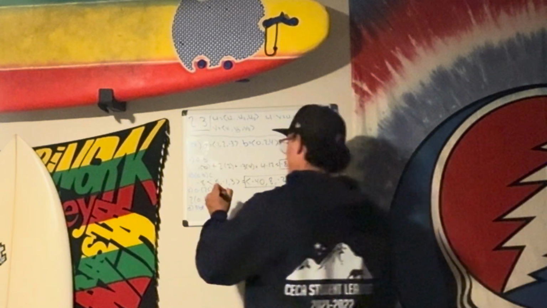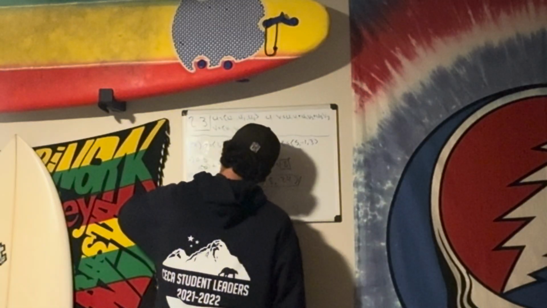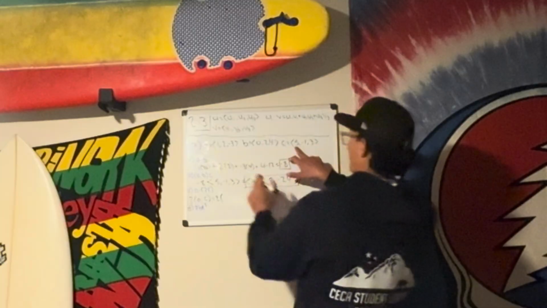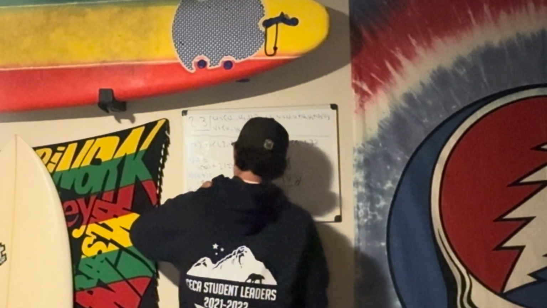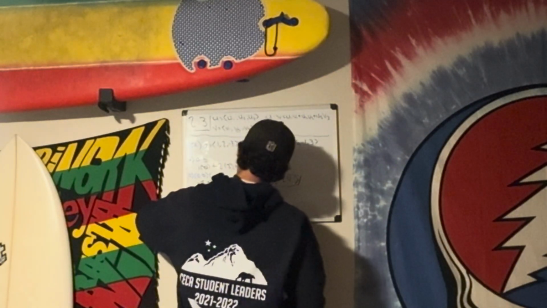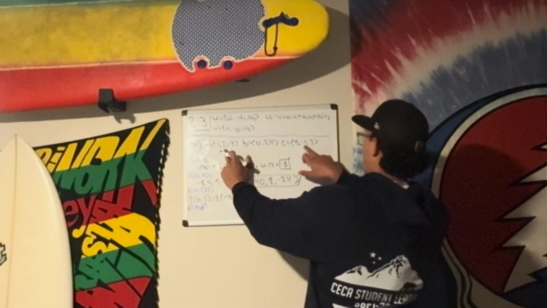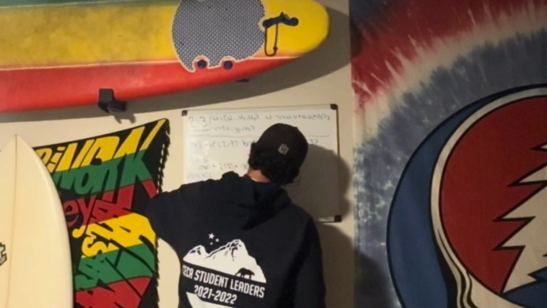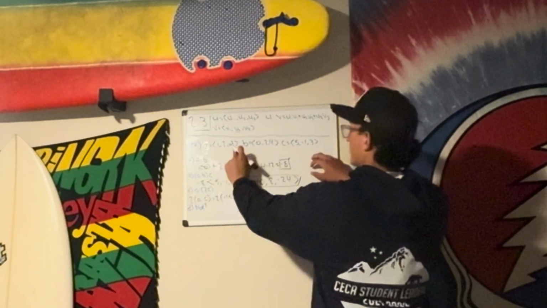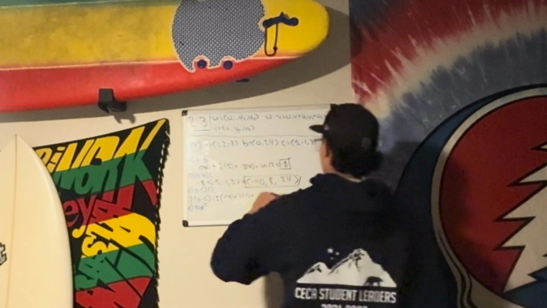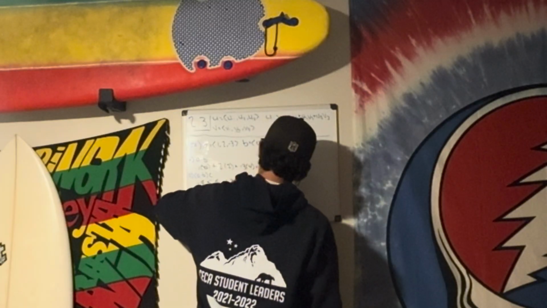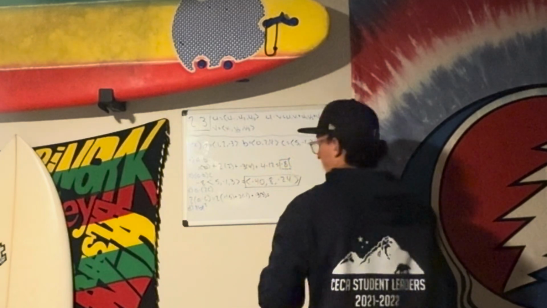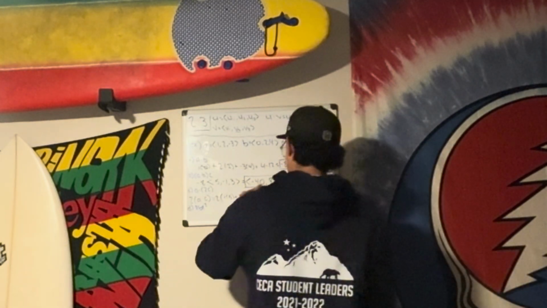So let's do that. So we would put 2 times, and now we'll do the dot product. A1 times C1, which is 1 times 5, plus A2 times C2, which is 2 times negative 1, plus A3 times C3, which would become negative 3 times 3, okay? And now we would just add all this together.